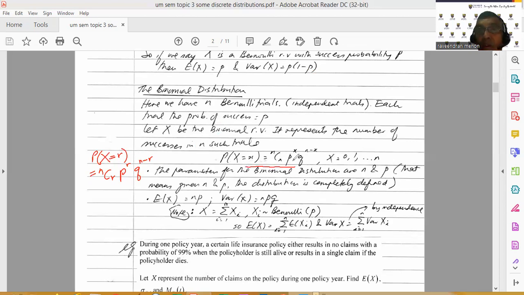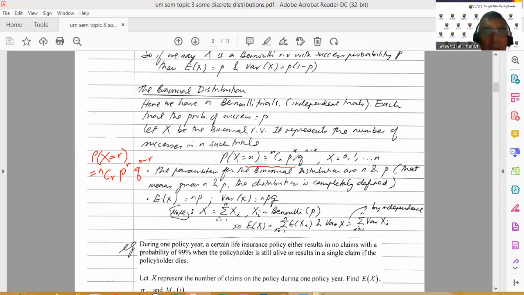X is a binomial random variable, and it represents the number of successes in N trials. So if I tell you X equals R, it means it's R successes.